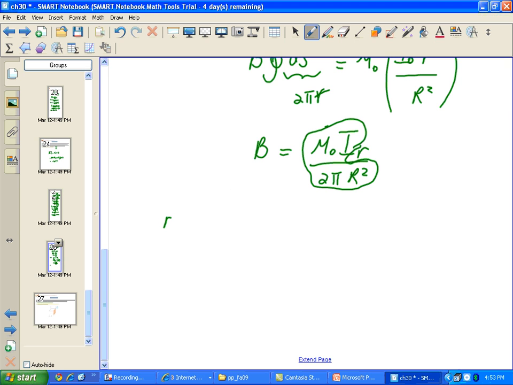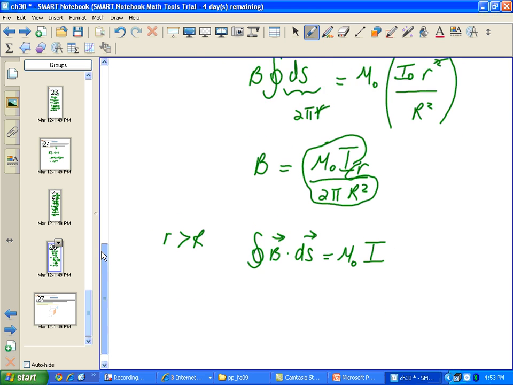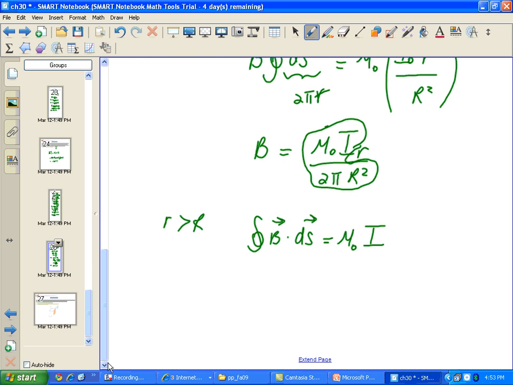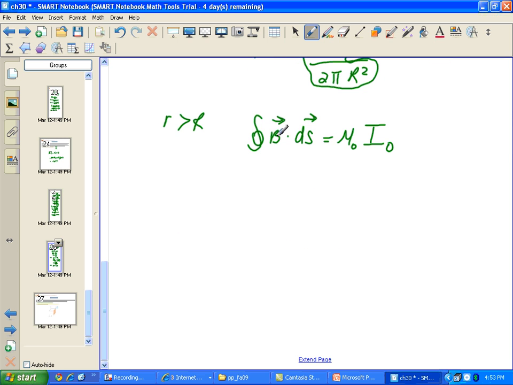Now let's go ahead and look at the magnetic field outside the wire. This time, when we consider Ampere's law, mu naught I enclosed equals the total current inside the Amperian loop. Here's our Amperian loop, and the total current that's enclosed by that is I total. So here we do not have to consider the current density because the total current is enclosed.